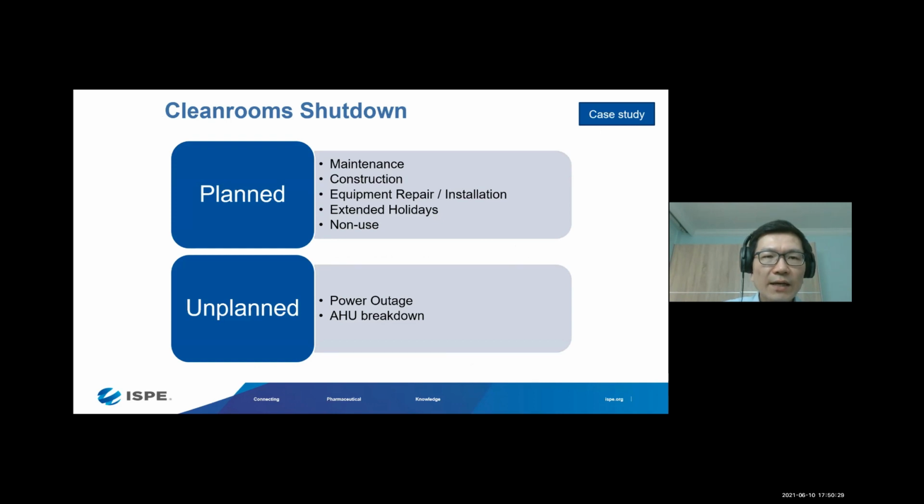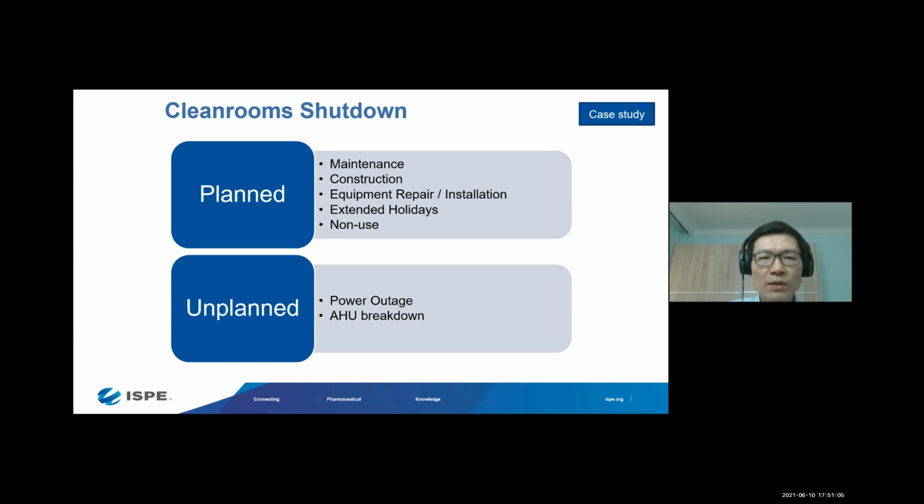So next we look at some of the reasons for the cleanroom shutdown. Typically, cleanroom shutdown can be divided into two main reasons: one is planned cleanroom shutdown, the other is unplanned. Under the planned shutdown, you have maintenance, construction or renovation activities in your cleanroom, equipment repair or installation in your area, or extended holidays where you want to shut down the AHU to save energy, or if there are no production activities, you will want to shut down the AHU.